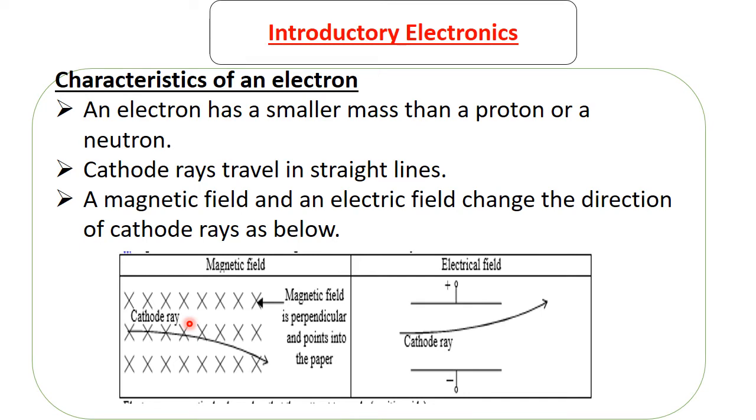A magnetic field and an electric field change the direction of cathode rays as below. When you put a magnetic field where the cathode rays are passing, they are deflected like this. And when you put an electric field, they are deflected towards the positive, since electrons are negative, and they are attracted to the positive side of the electric field.